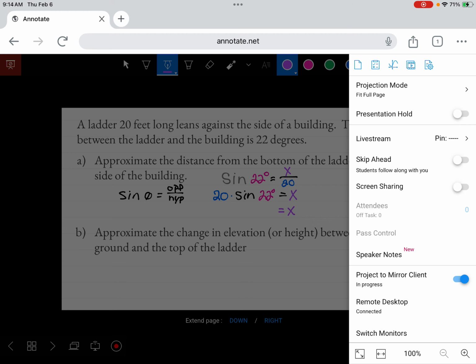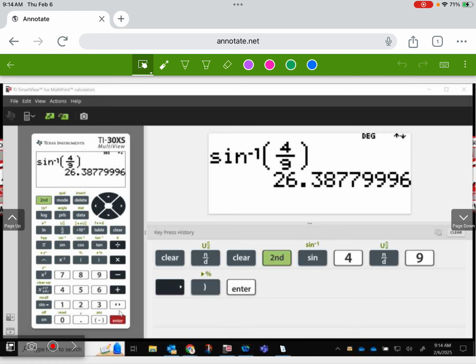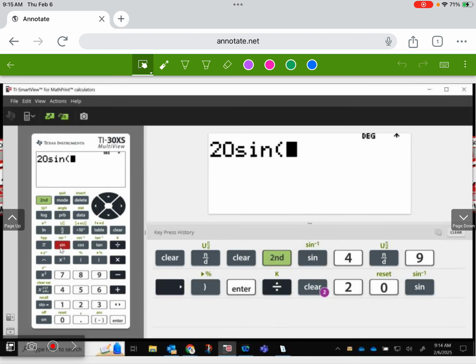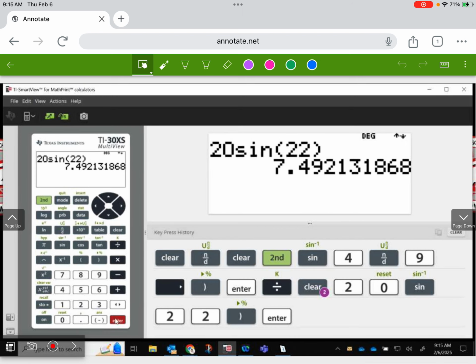So we're going to take 20 times the sine of 22 degrees. Again, make sure you're in degree mode. That gives 7.492131868, and we can round to the nearest tenth.